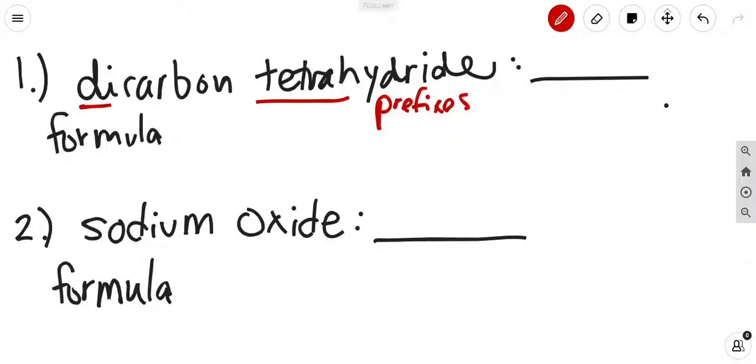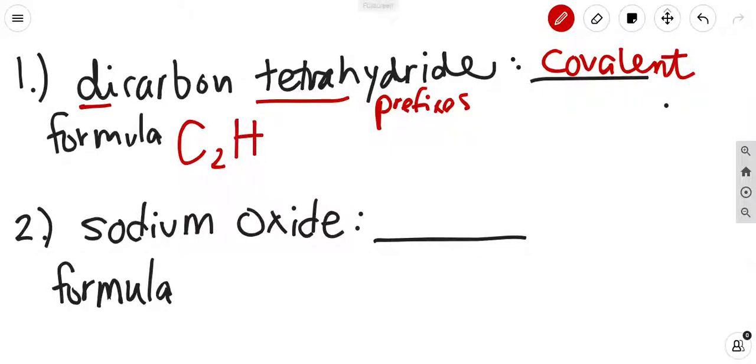And if we have prefixes, we know that it must be covalent. All right, and so for the formula, I just write the symbol and the prefix. Hydride is hydrogen, and tetra is 4. All right, that's covalent. You don't even have to look at the periodic table unless you can't remember their symbols.